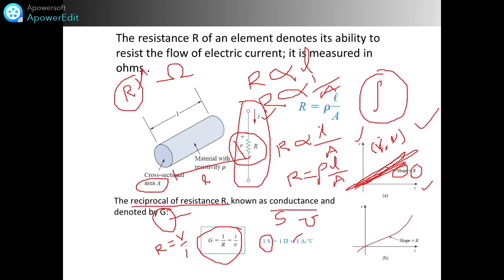So 1 Siemens is equal to 1 ampere per volt. This VI characteristic gives a non-linear resistance because it has different slopes at different points, whereas in the other graph, I and V are proportional to each other.